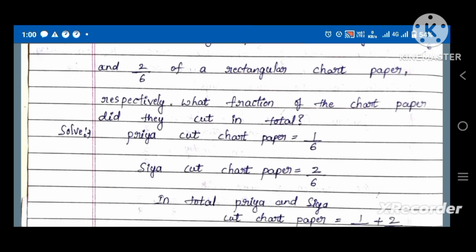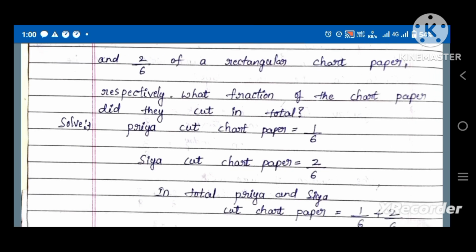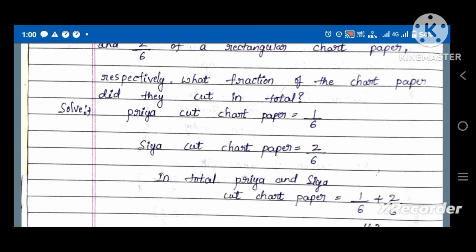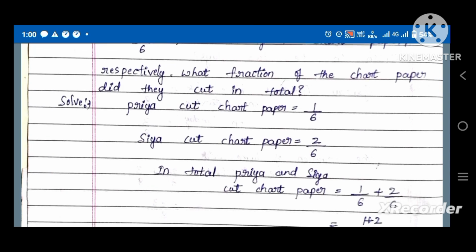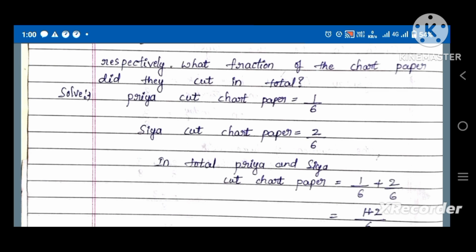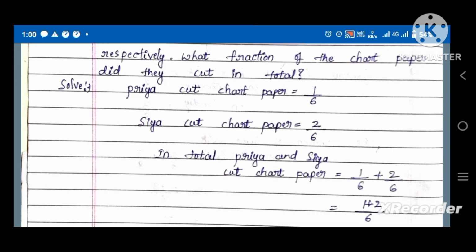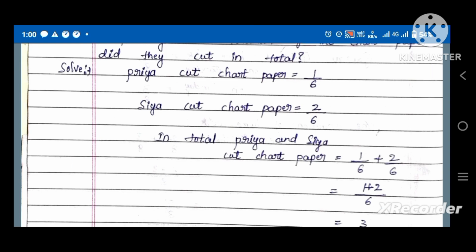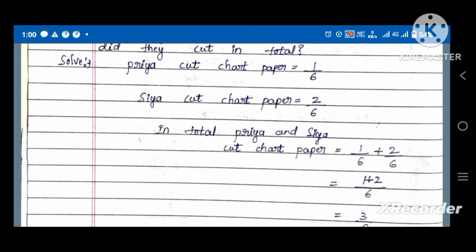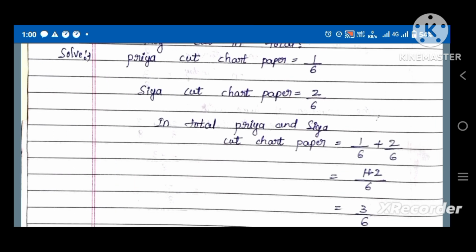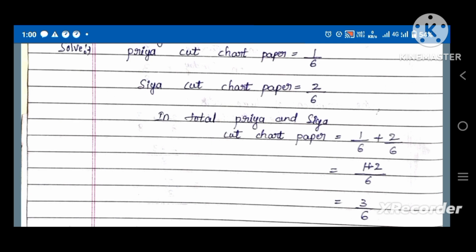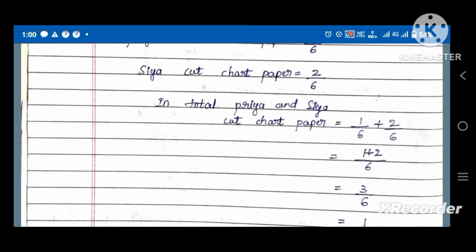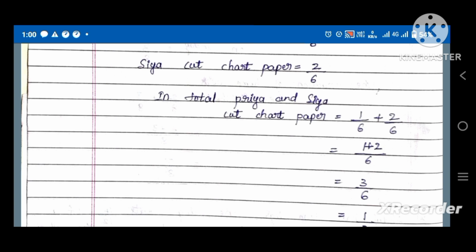In total, Priya and Sia cut chart paper is equal to 1 by 6 plus 2 by 6 is equal to 1 plus 2 by 6 is equal to 3 by 6 is equal to 1 by 2.